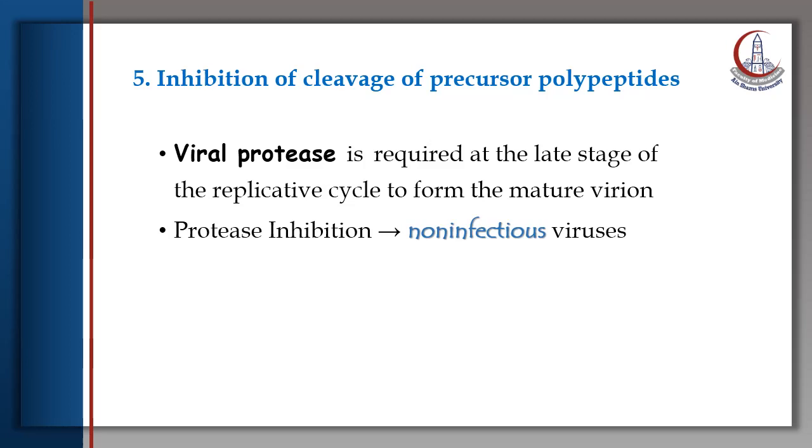So if this protease enzyme, responsible for breaking down these polypeptides, is inhibited, then it will inhibit the production of mature viruses. The mature viruses need the genome plus the proteins. So this is another mechanism by which drugs can inhibit the replication of the virus.